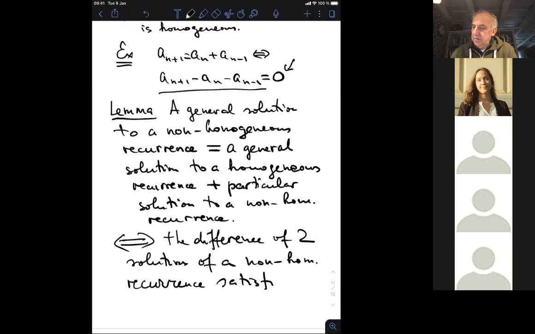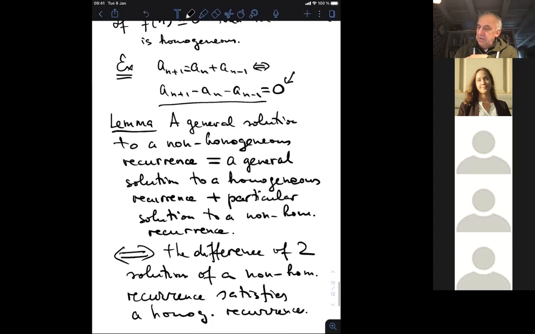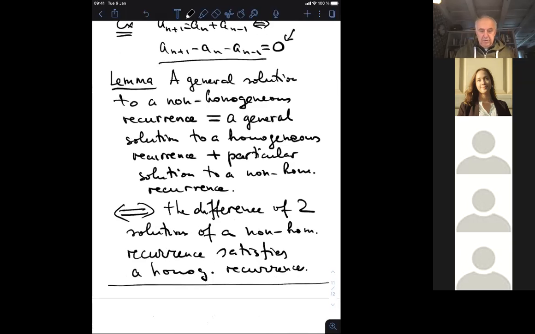If we just subtract two solutions to the non-homogeneous recurrence, the right-hand side will become 0, but the left-hand side would be exactly the same. I will not dwell too long on this, because it's the relation between the homogeneous and non-homogeneous problems, which you have probably seen in many different places.